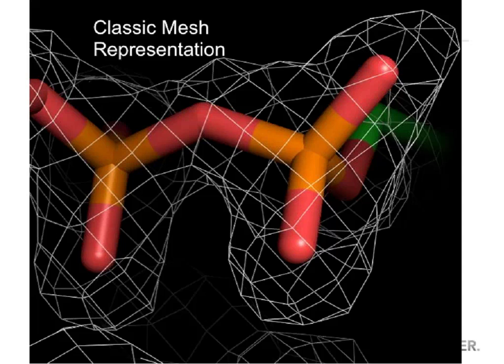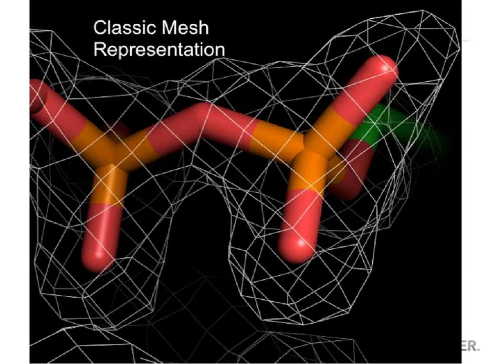The volumes representation that I mentioned, this is a classical mesh representation for electron density in this case. This shows you the 1 sigma level of the map data, basically the same as an isosurface.